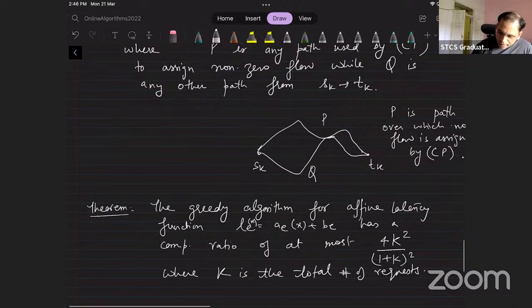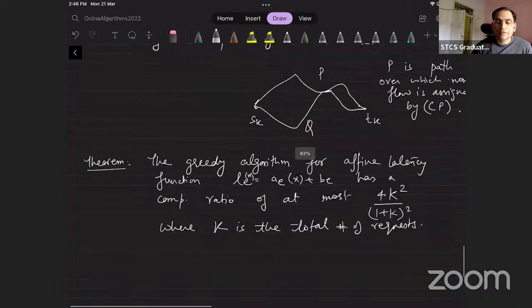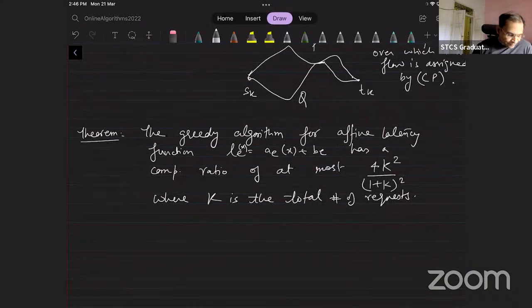So letting K large, essentially it is how much? 4.